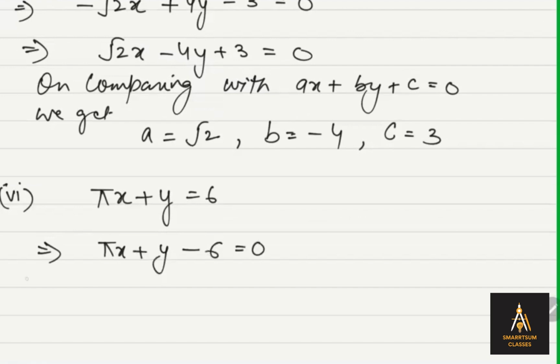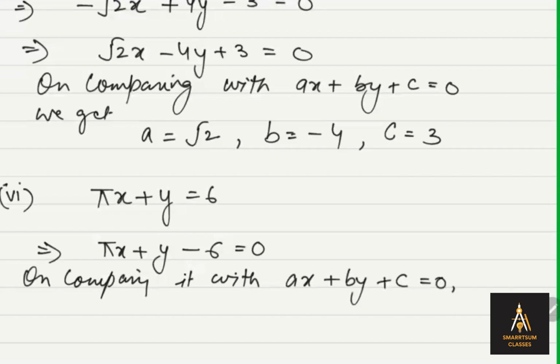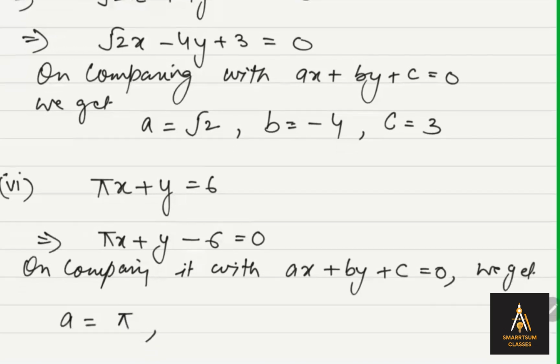Now compare it with the standard form ax plus by plus c is equal to 0. We get a. What is a? Pi. So pi is a constant. b is 1 and c is minus 6. So this is your answer.